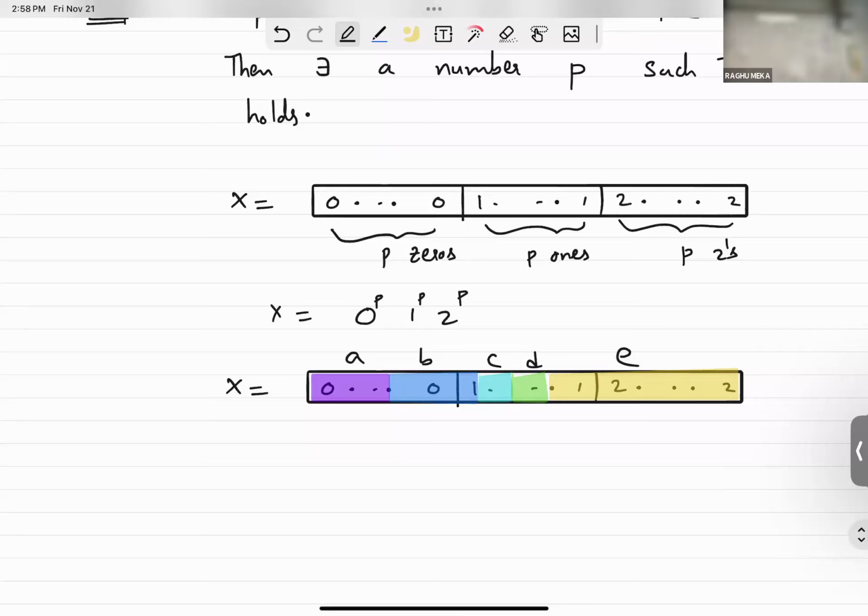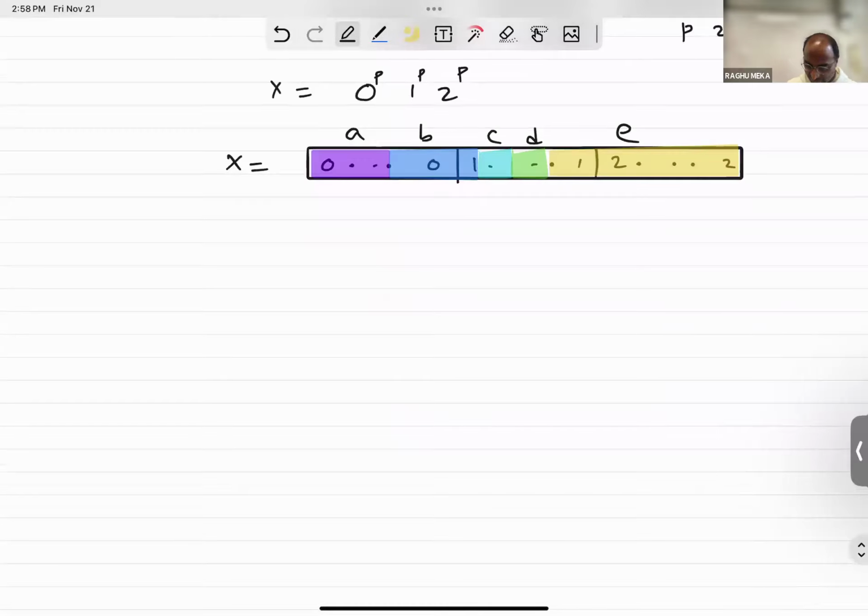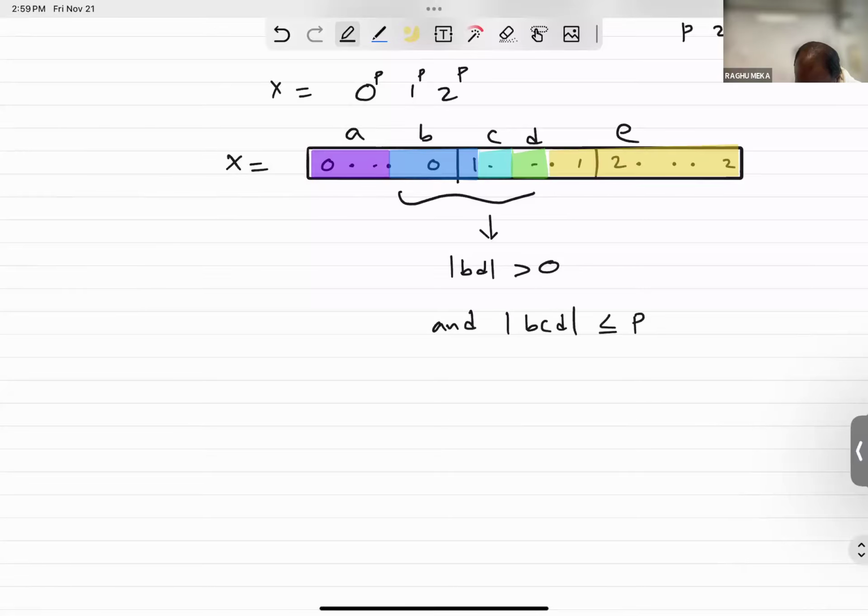As I said, here things get a little bit tedious. We have to figure out a case analysis. So what do we know about the pieces? Pretty much the only things that we know are that the length of BD is greater than 0, and the length of BCD is at most p.